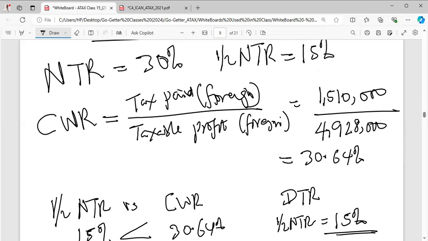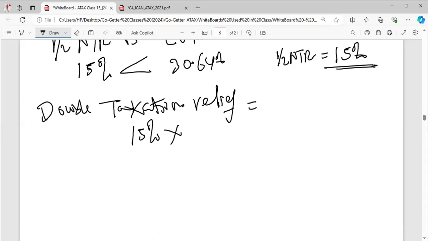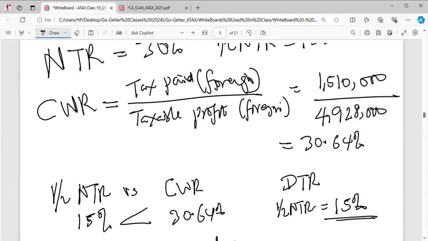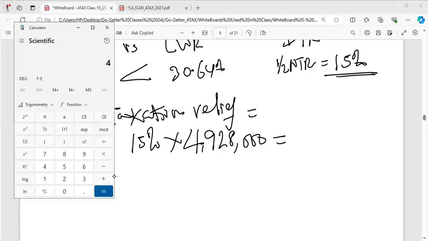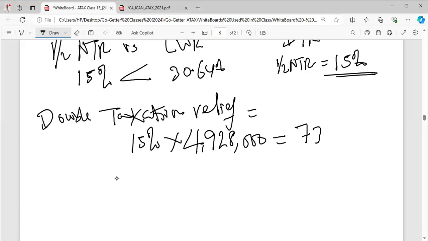This 4928, we are only going to take 15% as our relief. So 4928 multiplied by 15 will give you 739,200. So this is your relief, 739,200.